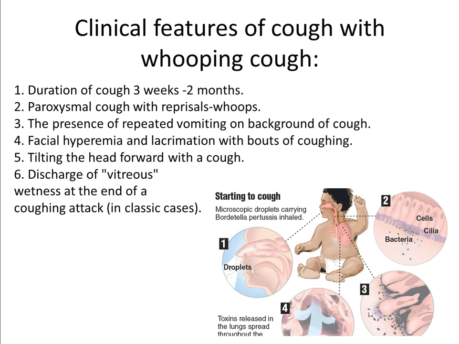The presence of repeated vomiting on background of cough, facial hyperemia and lacrimation with bouts of coughing, tilting the head forward with the cough, discharge of vitreous, viscous mucus at the end of coughing attack.